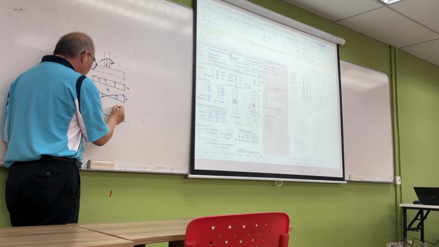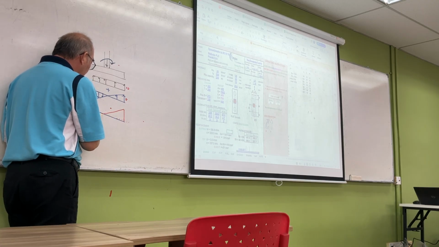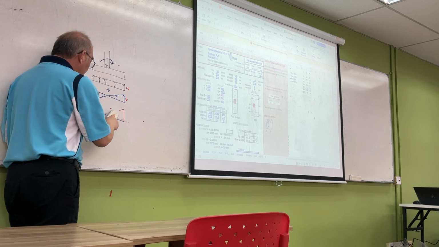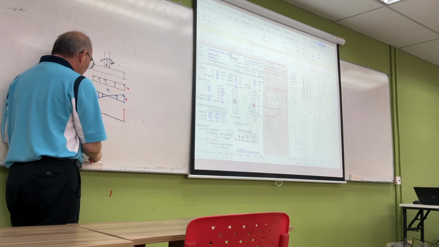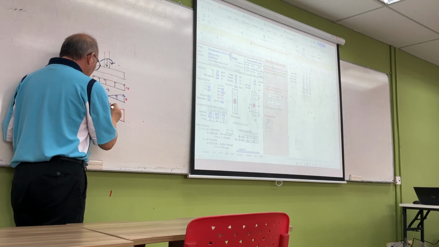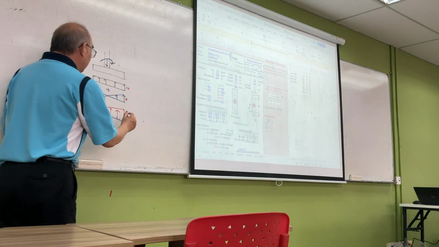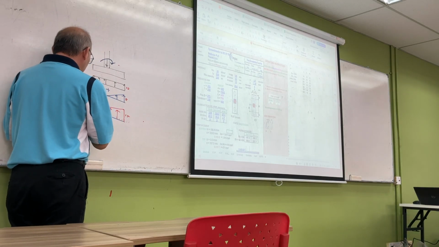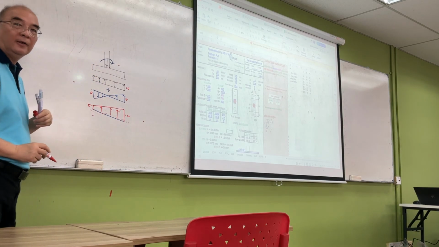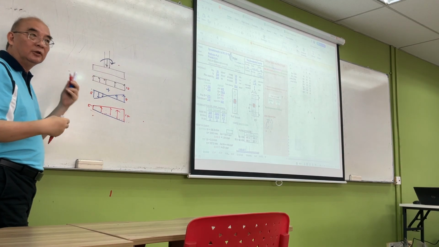So now you have a pressure diagram that looks like this. This will be 15, and this will be 5. Because here is compression, here is tension, they cancel each other, right?